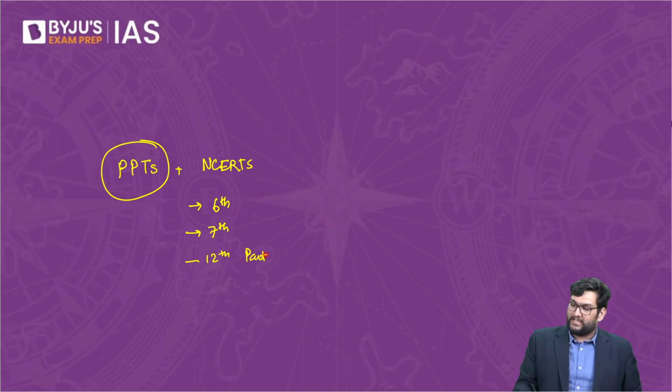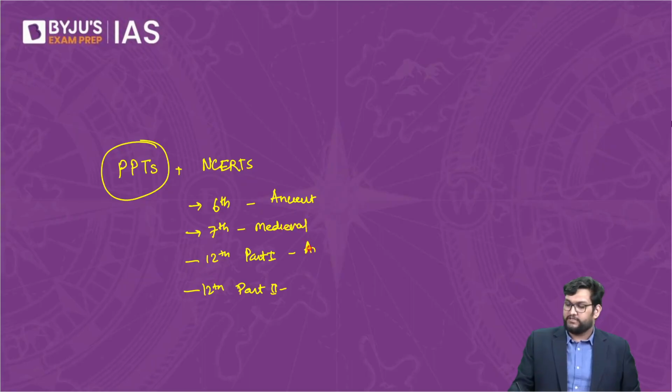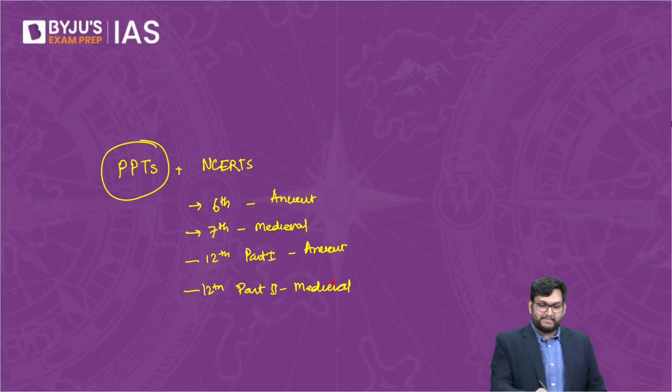Thereafter, NCERTs, which is 6th class, 7th class, 12th class part 1 and 12th class part 2. This is ancient, this is medieval, this is ancient again, and this is medieval. This is the bare minimum you have to do.